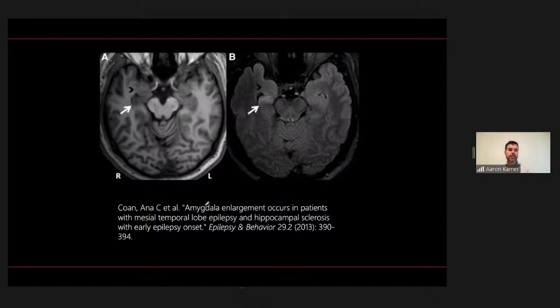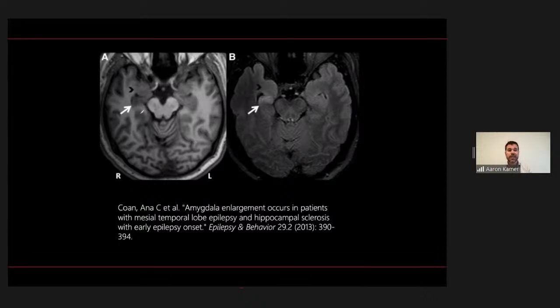And in that case, you may see an amygdala enlargement with a same side mesial temporal sclerosis as a result of the seizures that have occurred. When an amygdala is resected and biopsied, sometimes there'll just be dysplastic tissue in there, like a cortical dysplasia. Sometimes there's a low-grade tumor in there, but typically these things don't grow.